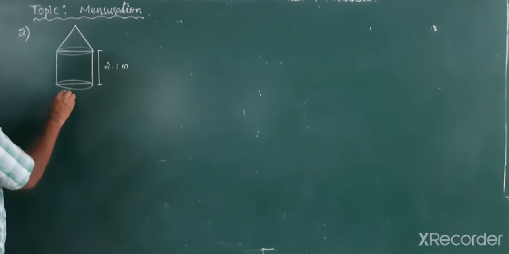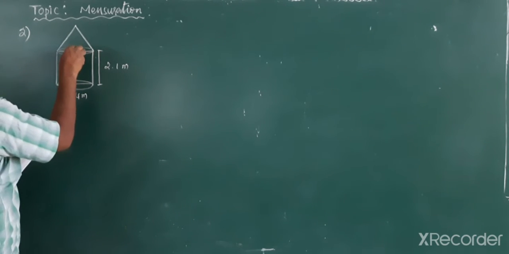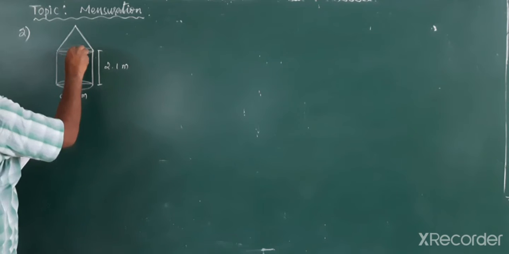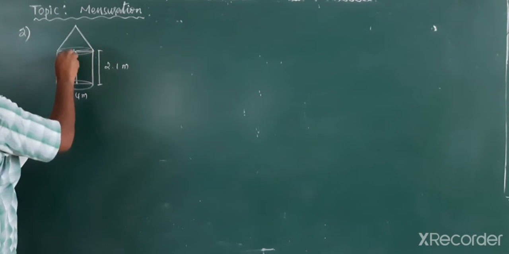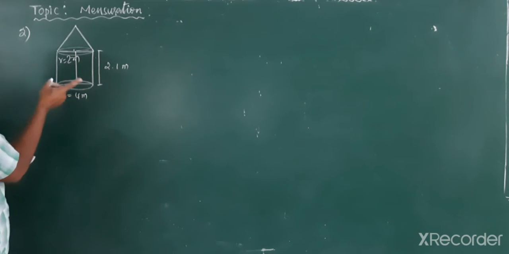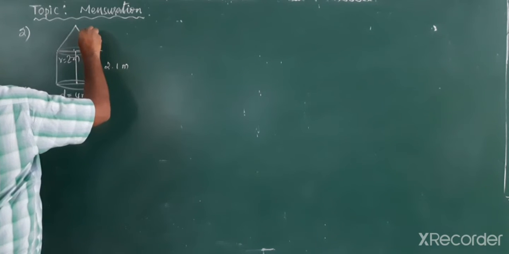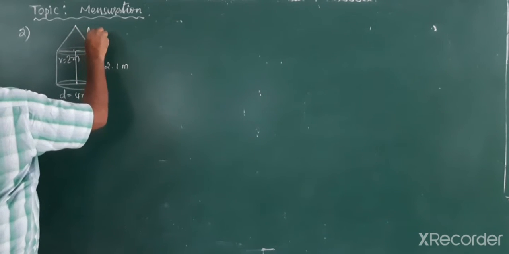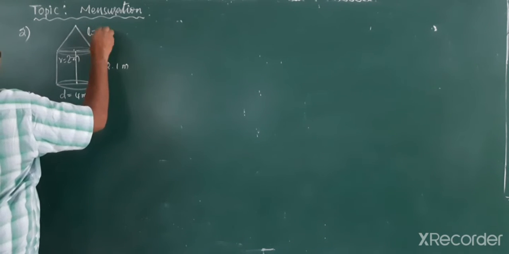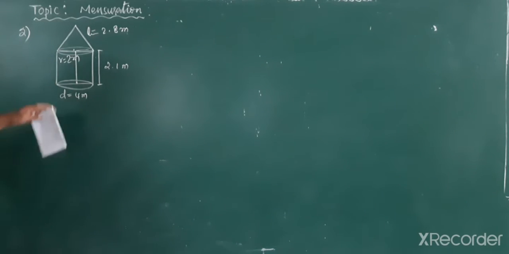D is equal to 4 meters, therefore R is equal to how much? 2 meters. R is the common radius of cylinder and cone. Slant height L of the cone is 2.8 meters. So we have to find out first the surface area of the solid.